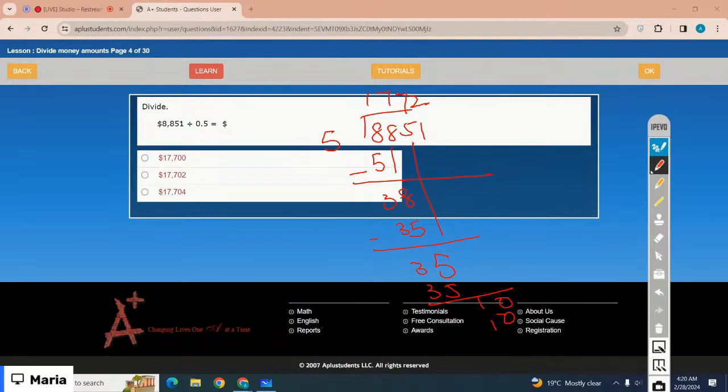Option number 2 is the correct one, not the first one, right? You need to add a 0 over here and then you have to divide now. 5 times 2 is 10. The correct option is 17702. The second one is the correct option, not the first one. The correct option is option number 2.